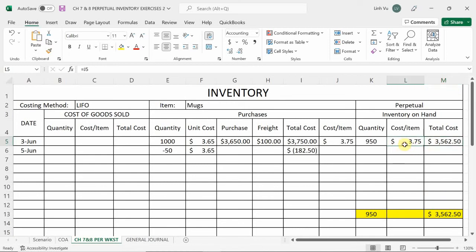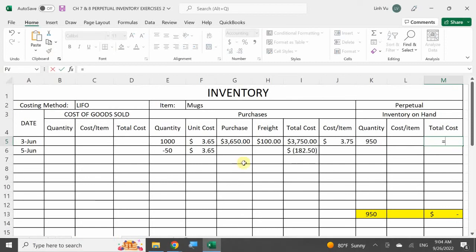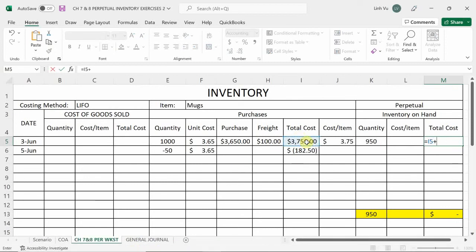No, because your cost per item will change. 3,567.50. Say that again. 3,567.50. Okay, 3,567.50 is correct, right?